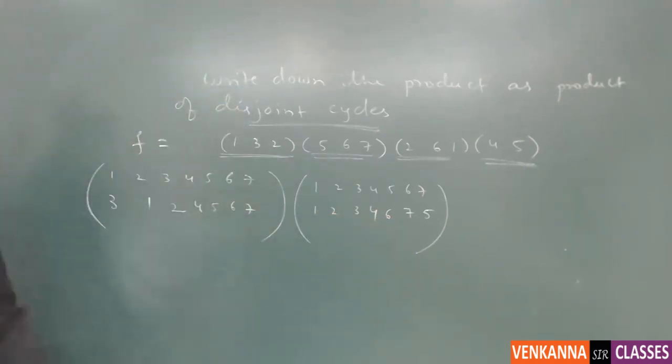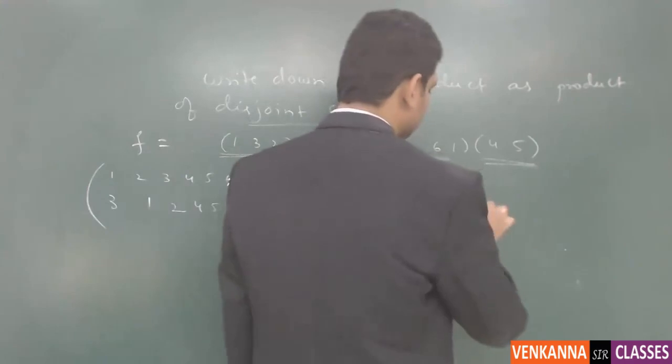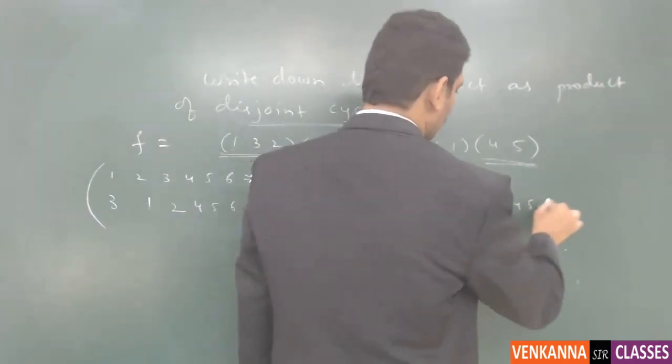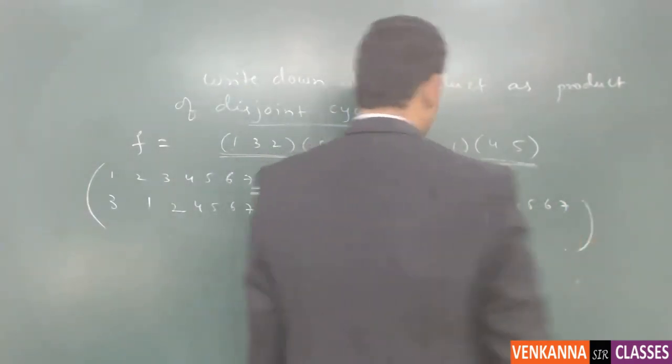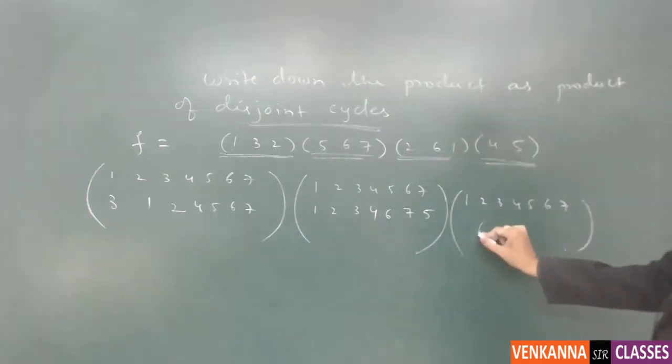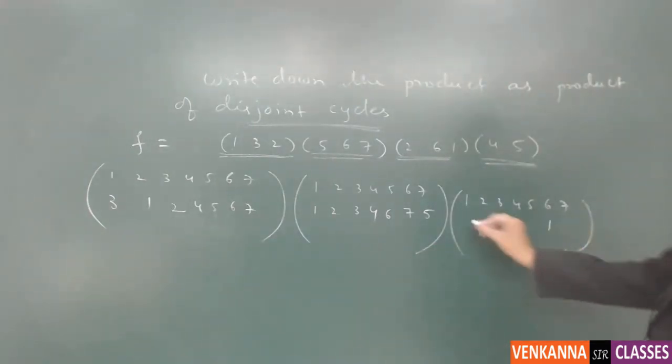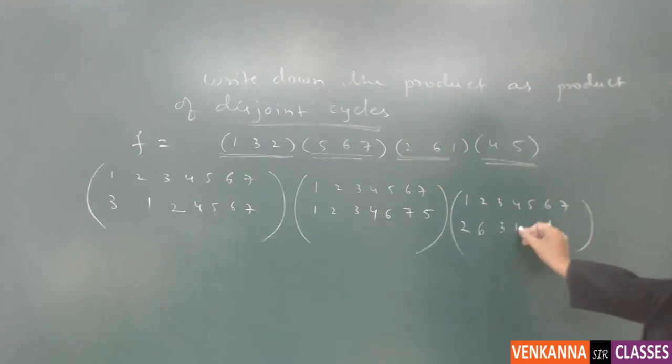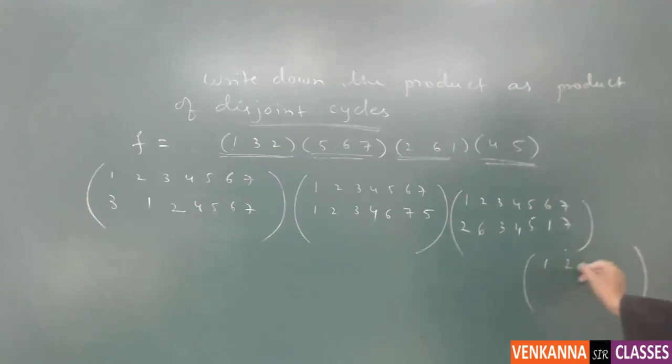So for the next one also, for 2 it is 6, for 6 it is 1, for 1 it is 2. And here you have one more thing. There for 4 it is 5, for 5 it is 4. Remaining are identity.